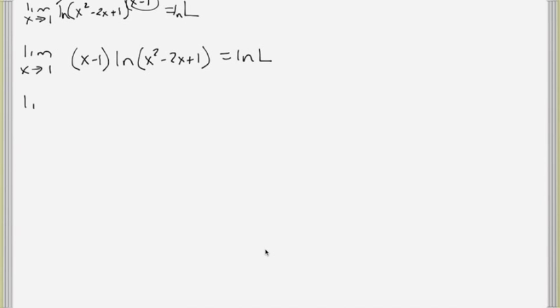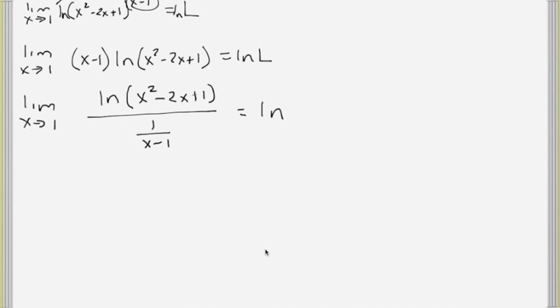So I'm going to rewrite this as the messier part divided by the reciprocal of the cleaner part. It technically doesn't matter which one you do. I just like, if I have to make something into a fraction, I'd rather make my cleaner part into a fraction than have a really messy fraction on the bottom.